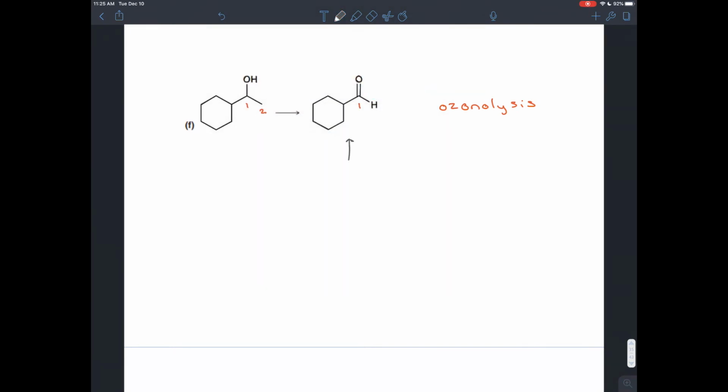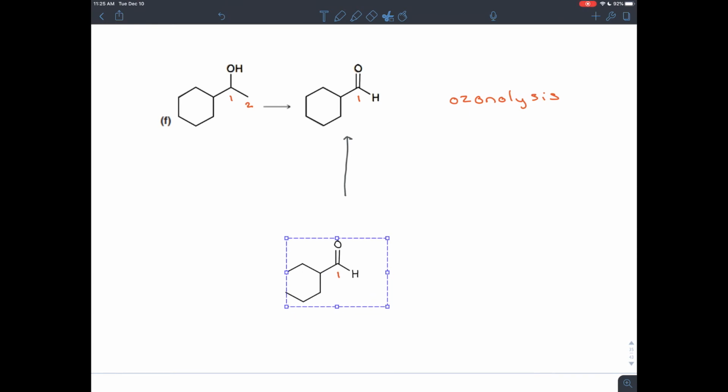Let's think about what molecule we would need in order to get this product from an ozonolysis reaction. When you do ozonolysis, you replace a carbon-to-carbon bond, and it can either be a double or a triple bond, with a carbon-to-oxygen bond. Now what you'll notice here is that we have an aldehyde, not a carboxylic acid.